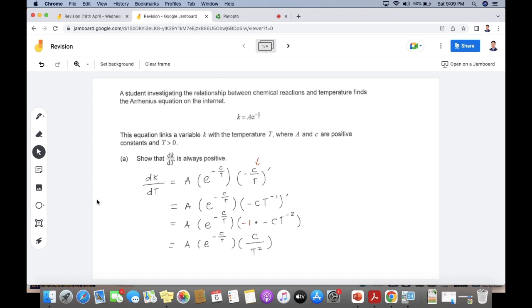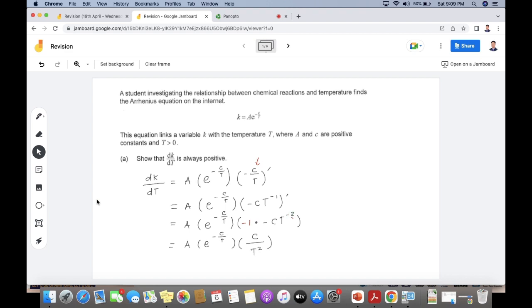Now, since what we wanted to show is that the derivative is always positive, it would be a lot easier to analyze if we keep all things positive. So we should find a way to remove the negatives. That's why I told you a while ago that you can write it as power of negative 2, or you can simply write it as over t squared.